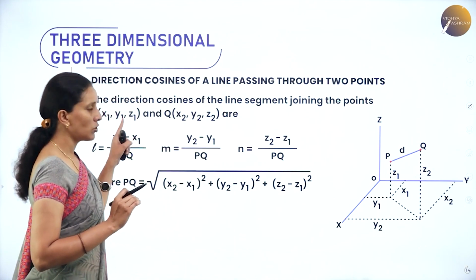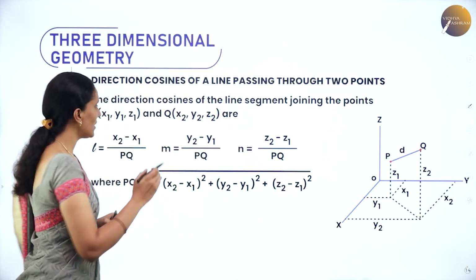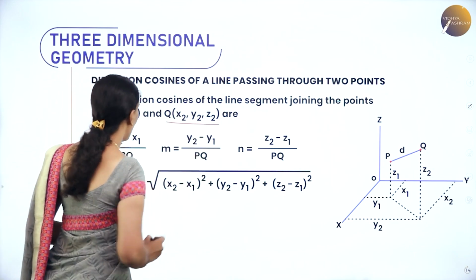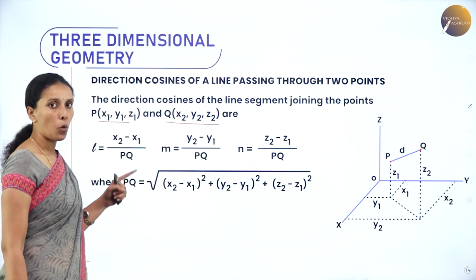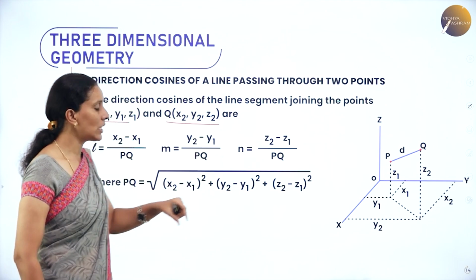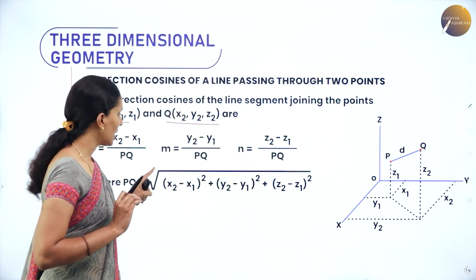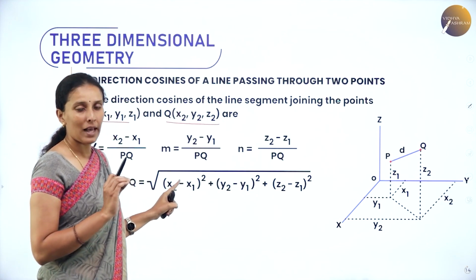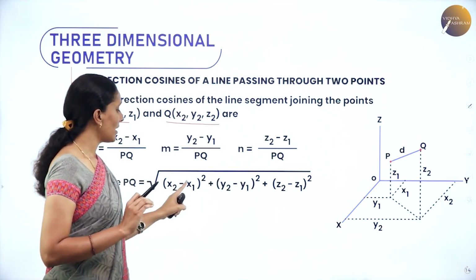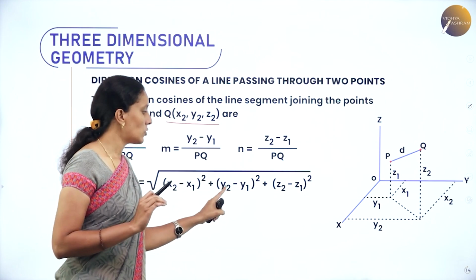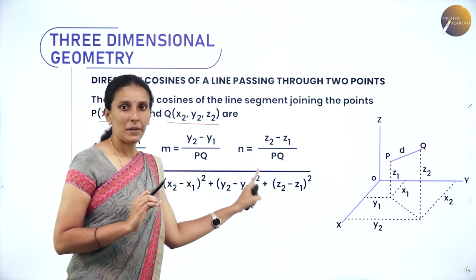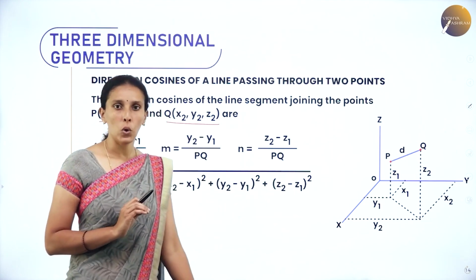Then the direction cosines of the line joining these 2 points is given by x2 minus x1 over PQ, where PQ is the length of the line, given by the distance formula: square root of x2 minus x1 whole square plus y2 minus y1 whole square plus z2 minus z1 whole square.